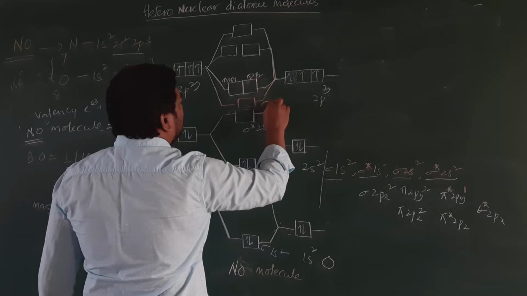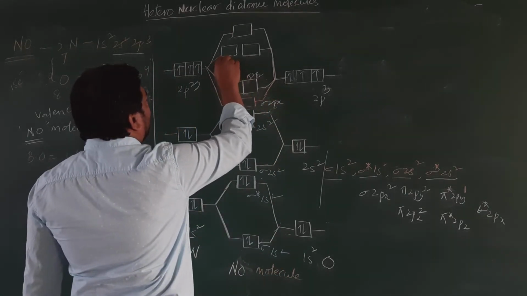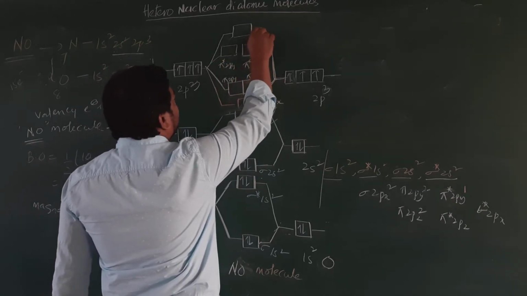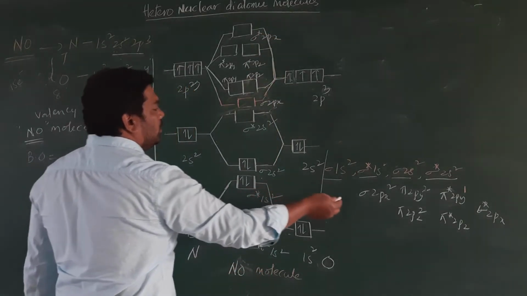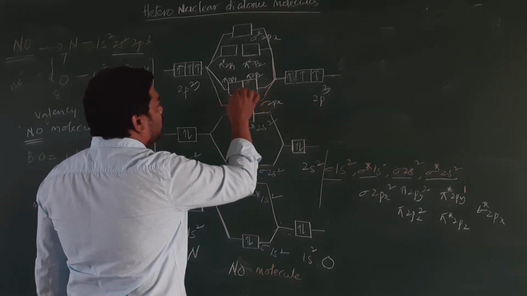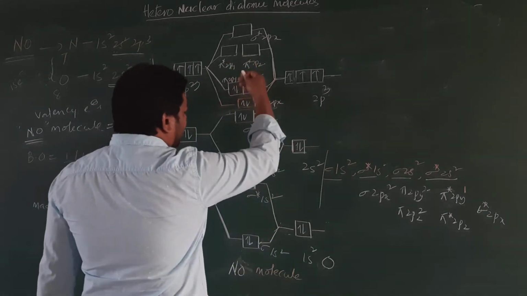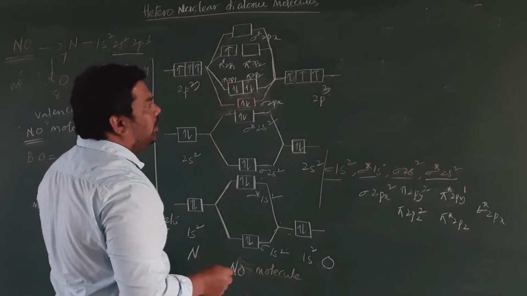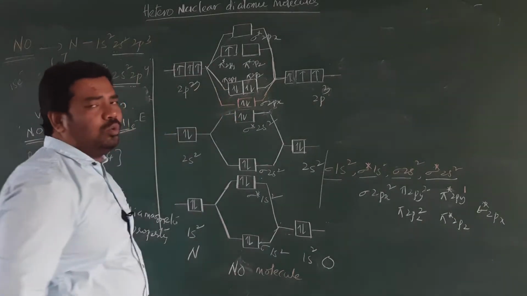This is sigma 2px. The remaining levels are pi star 2py, pi star 2pz, and this is sigma star 2px. Clear, student? Already these levels are completely filled, that is 1 2 3 4 5 6. So the 14 electrons are over, and the 15th electron enters into the pi star 2py, student.